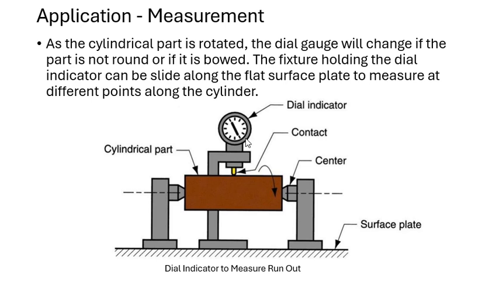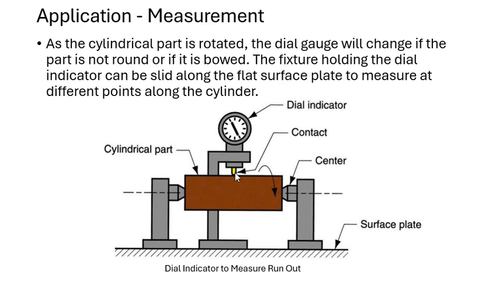The fixture holds this dial indicator, and it can be slid along the flat surface plate to measure at different points along that cylinder. This is how we hold the dial indicator.